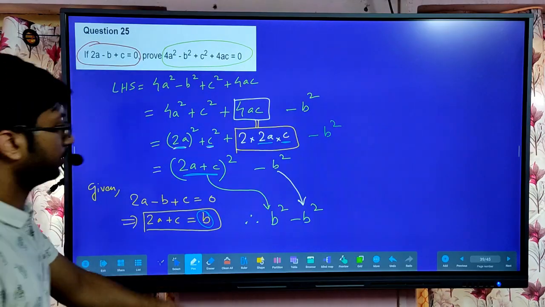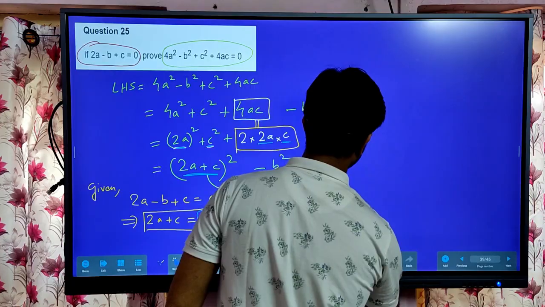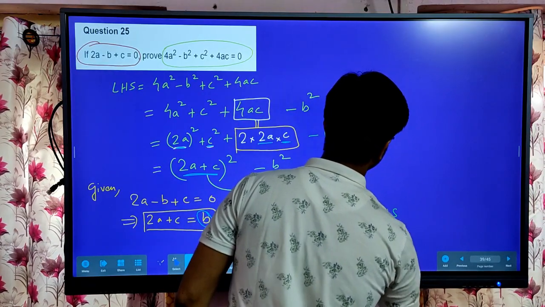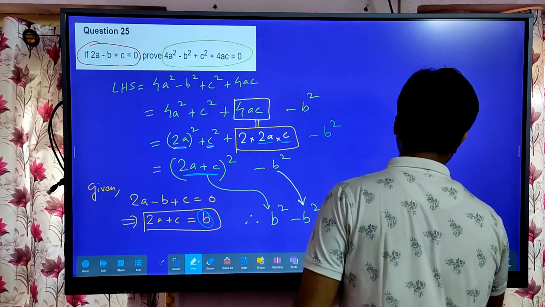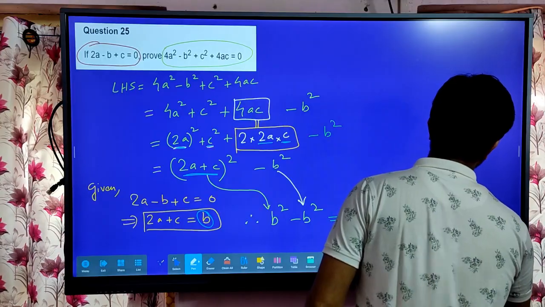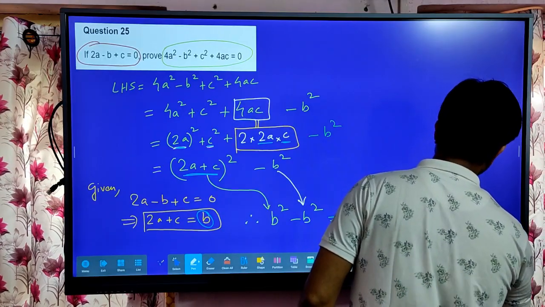Okay, so b square minus b square will be 0, which will be equal to right hand side, RHS. Hence proved. I can write, therefore LHS will be equal to RHS, hence proved.